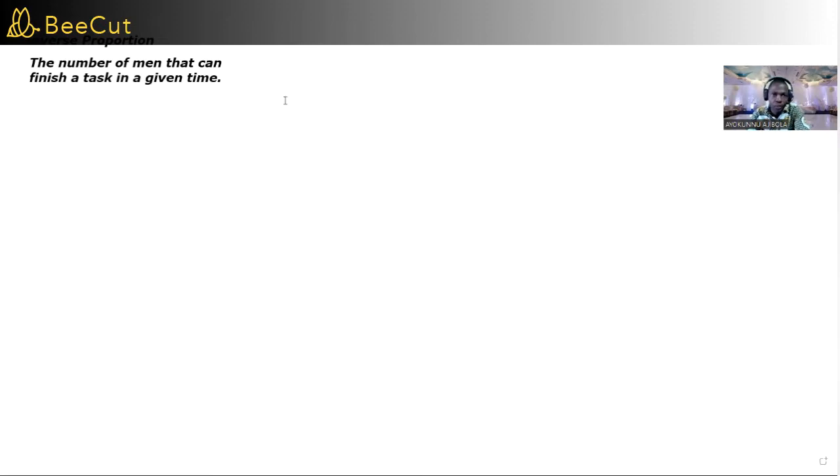If a student is to sweep 10 classrooms, it may take him 1 hour. Or if 10 students are to sweep 10 classes, it can take them just like 10 minutes. So we can say, as one quantity increases, the other decreases. So that is inverse proportion.